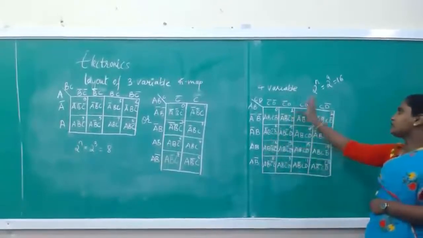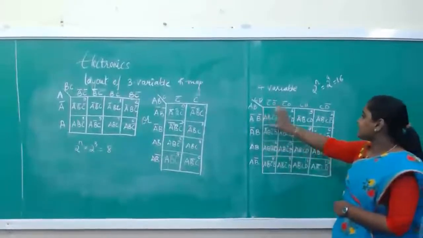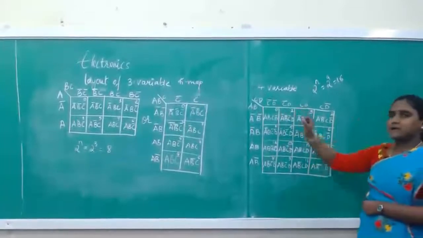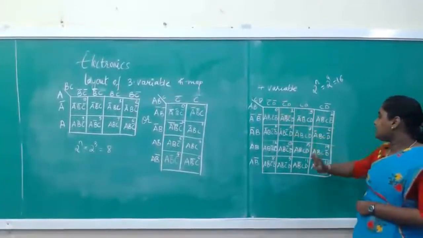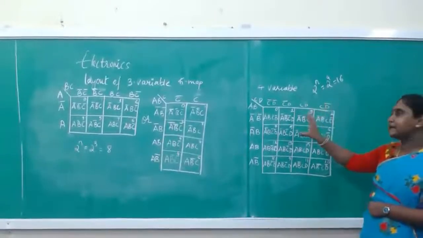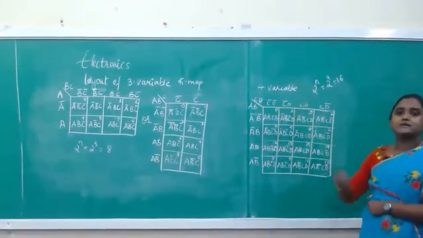This is how the 4 variable K-map is formed, and from the combinations of A, B, C, D, each cell number is given a particular value for that cell. Okay, this is having 0, this is having 15. Each cell is having its individual identity by the number that is given to that particular cell.